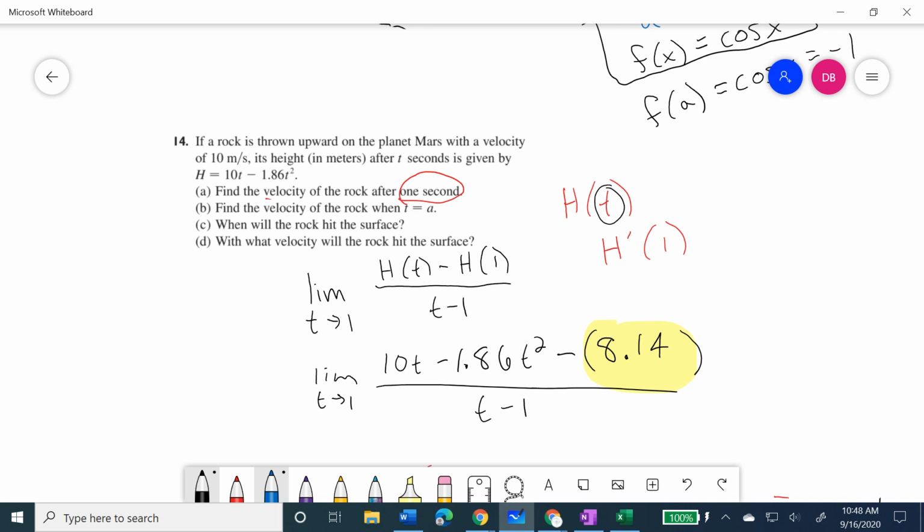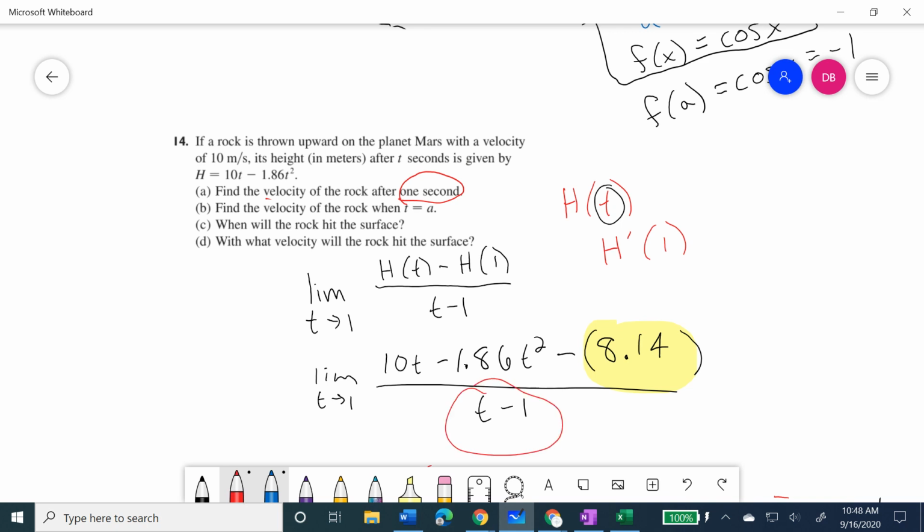Now you're expected to solve this limit from here. That means when you look at it, you have a quadratic over a linear polynomial. You need to factor the numerator so that it will cancel with the t minus 1. The good news is the denominator is giving you a hint.